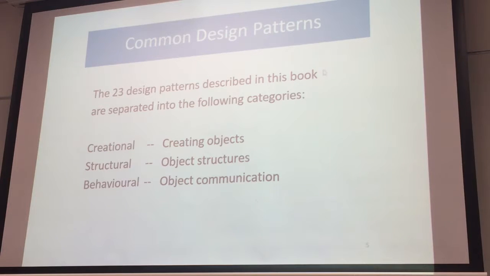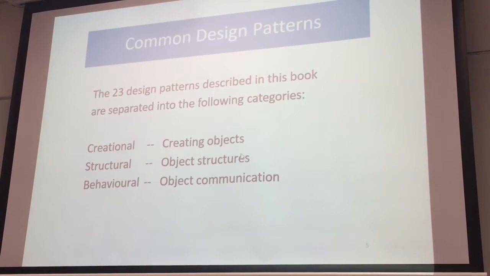There are 23 classical design patterns, but they have added more, and now there are something like 45. We stick with this classical one, and they are grouped in these three groups.